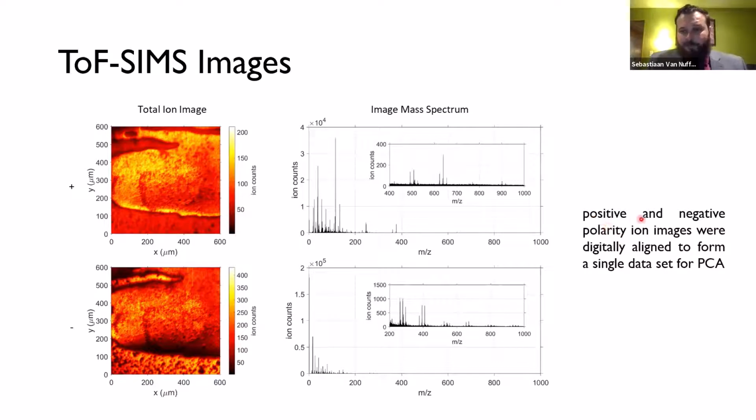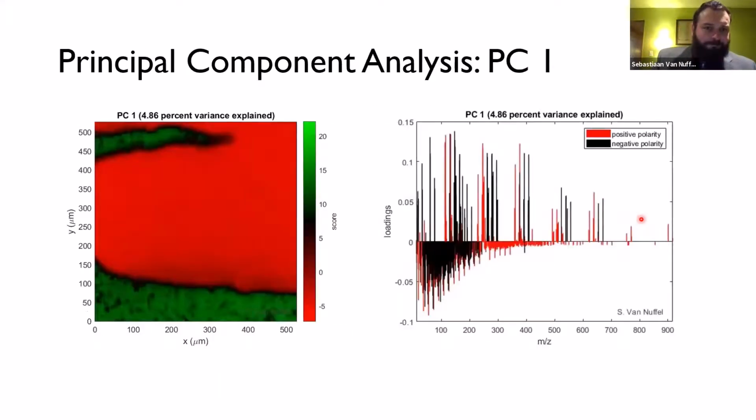So we took positive and negative polarity ion images, digitally aligned them, and created a single hyperspectral data set for principal component analysis. Principal component analysis is an analysis method that looks at correlations between mass peaks, and then calculates a score that tells you how many of those mass peaks are present in that particular region.